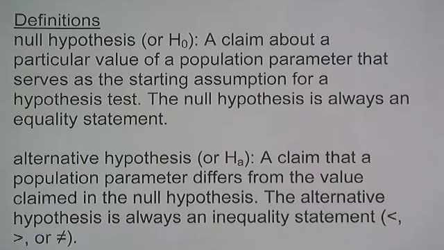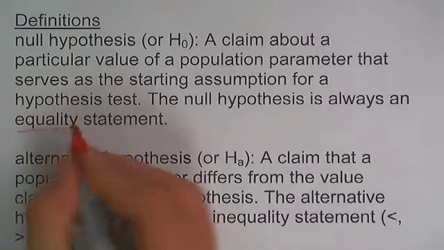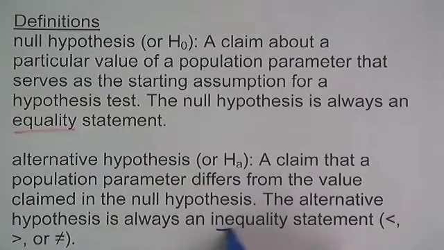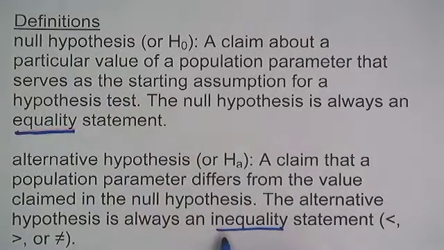The null hypothesis is always an equality statement, so it will always have an equal sign. Now, an alternative hypothesis, or HA, is a claim that a population parameter differs from the value claimed in the null hypothesis. The alternative hypothesis is always an inequality statement.